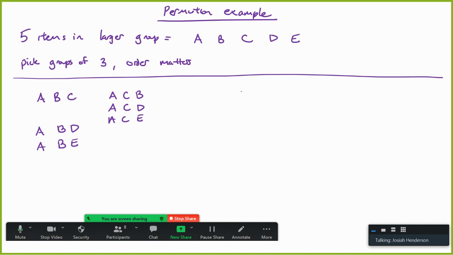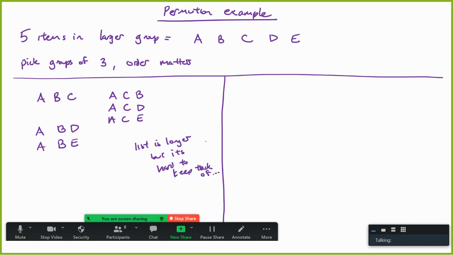So let's try doing this question using the permutation formula now. The list is longer than what we have here, but it's getting hard to keep track of.